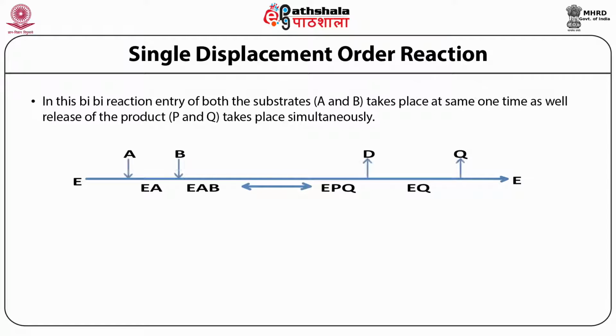In this graph, you can see that the free enzyme, when combined with the first substrate, produces an EA complex, which combines with the second substrate producing a ternary complex, that is EAB, which is converted into another ternary complex, that is EPQ, and the release of the first product produces EQ, and finally the second product is released, and then we have the free enzyme.